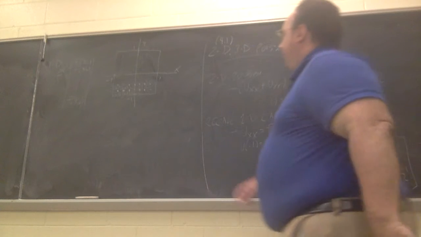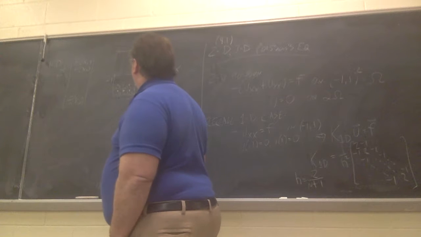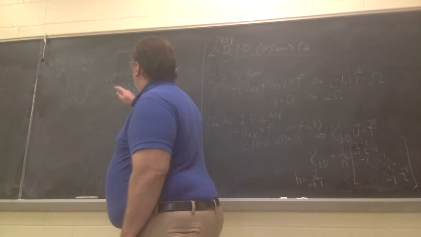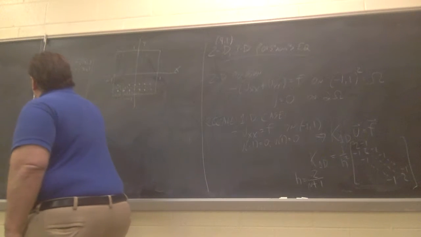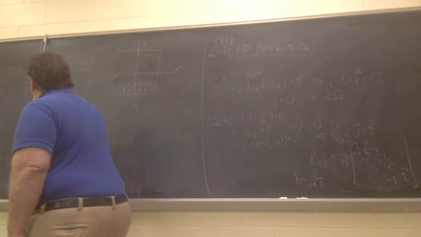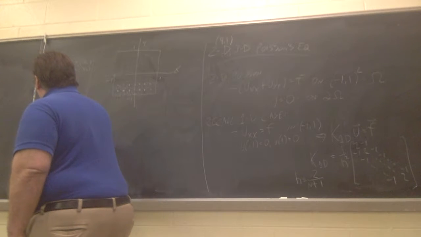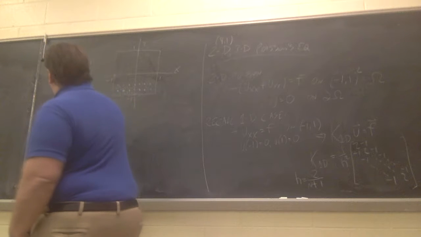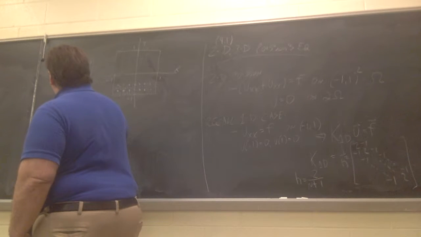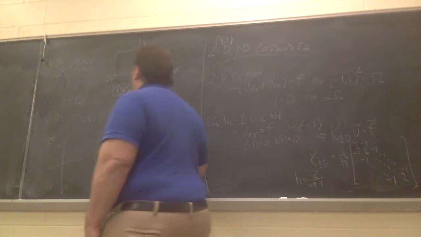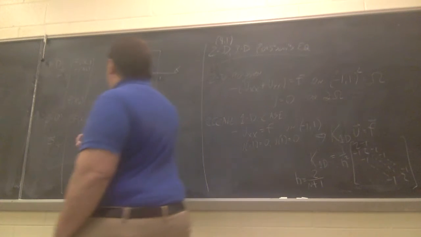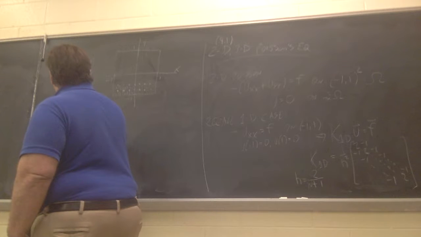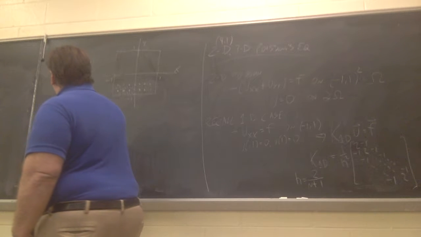So what we have here is, for 2D, I could order my points in my vector as follows: f of x1, y1, and then I'll go to x1, y2.